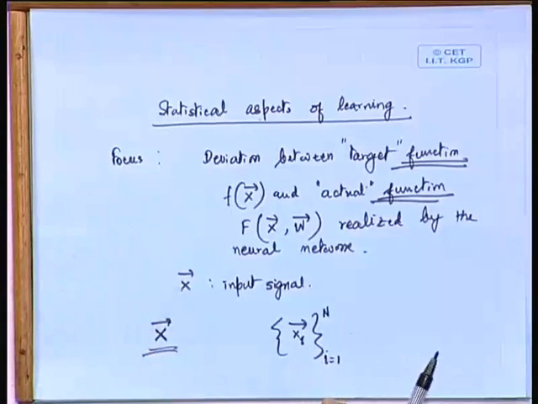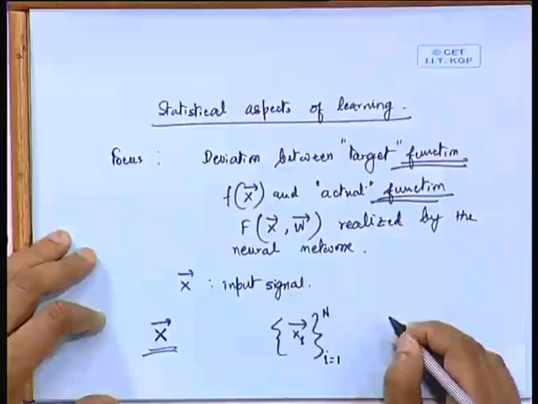So, the entire input is now being modeled as a random variable. In fact, if x vector is defined as a random variable, what we are taking is nothing but a subset of that random variable. So, we have only fed a limited number of instances, i equal to 1 to n.